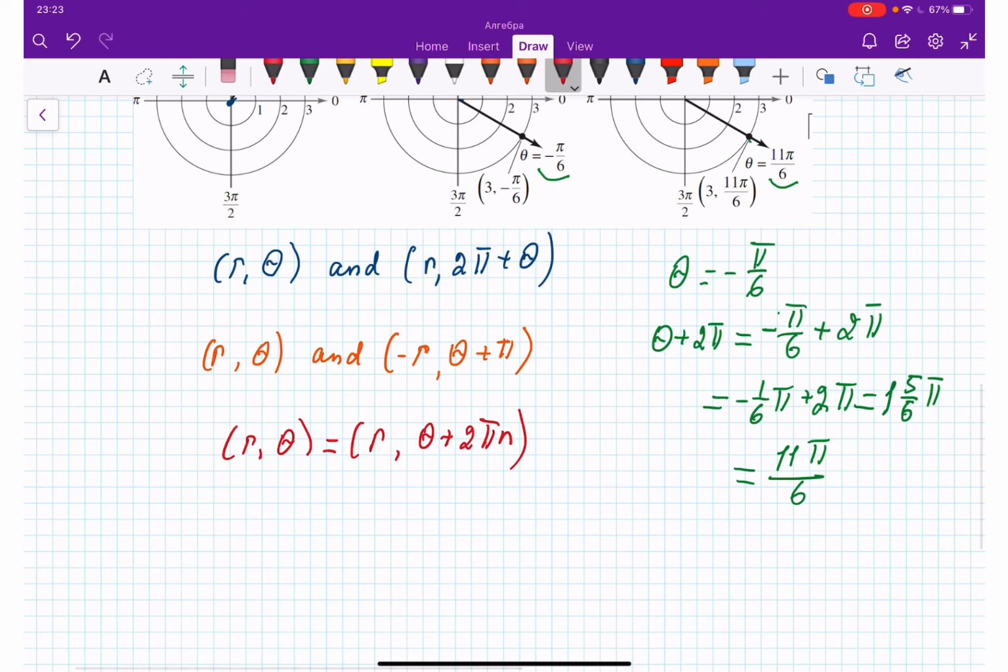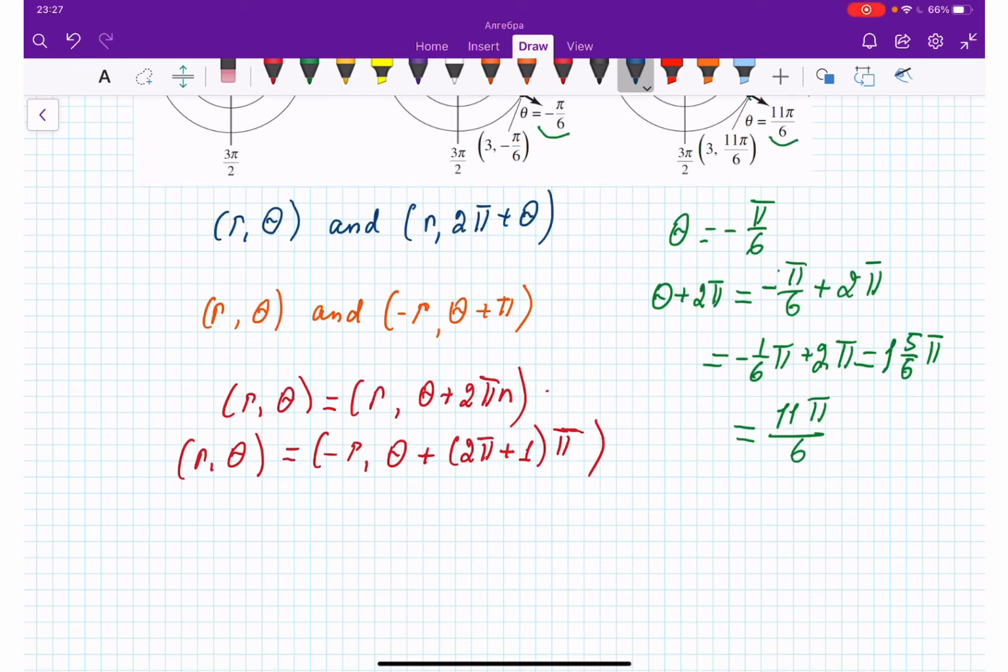Or we can write r, theta is equal to negative r, theta plus (2n plus 1) times pi. This is just in case we have an odd period, okay? So this one is for even period, this one for odd period.